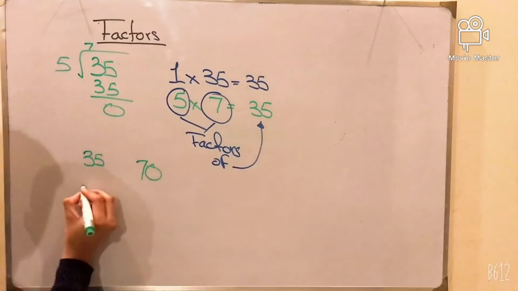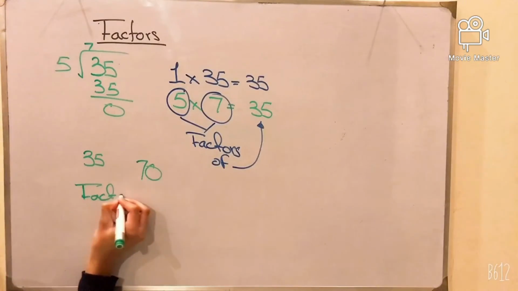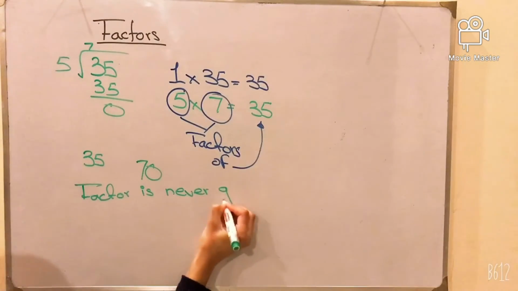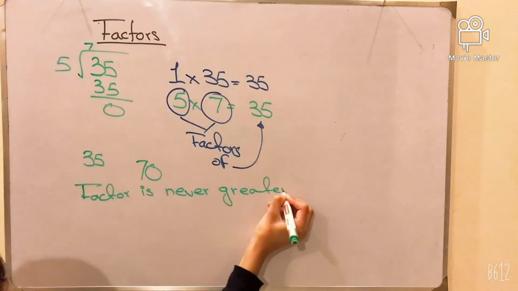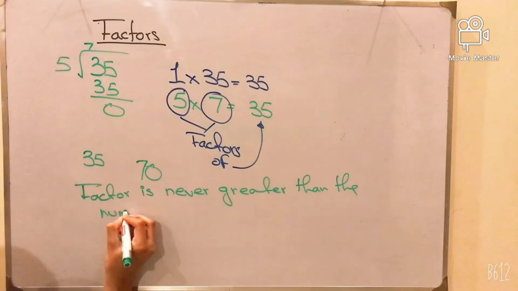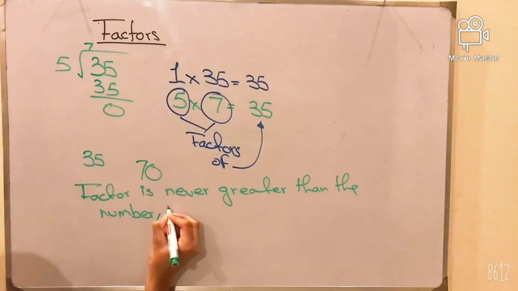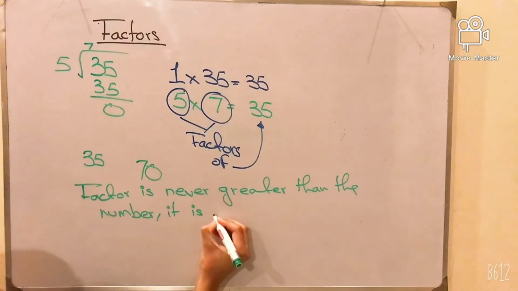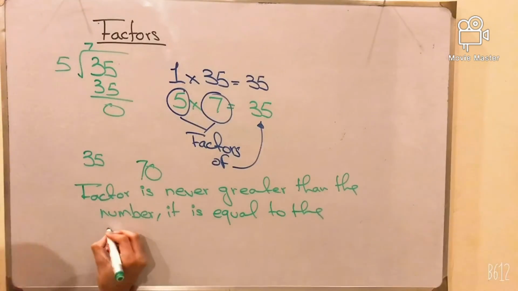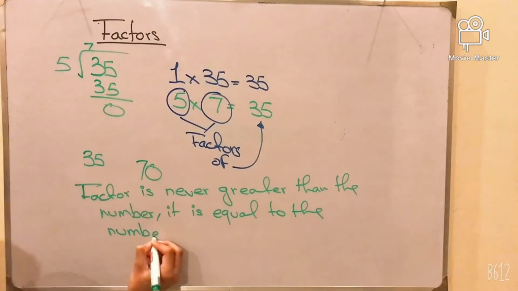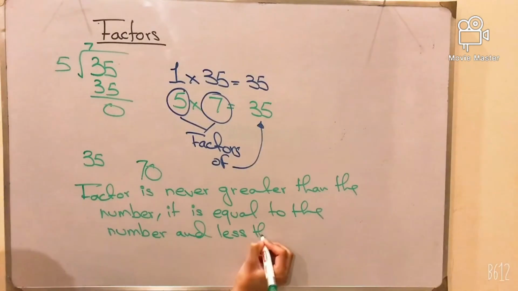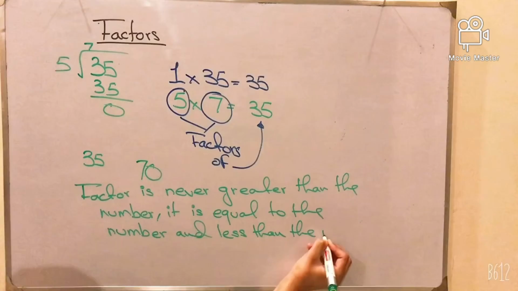A factor is never greater than the number. It is equal to the number and less than the number.